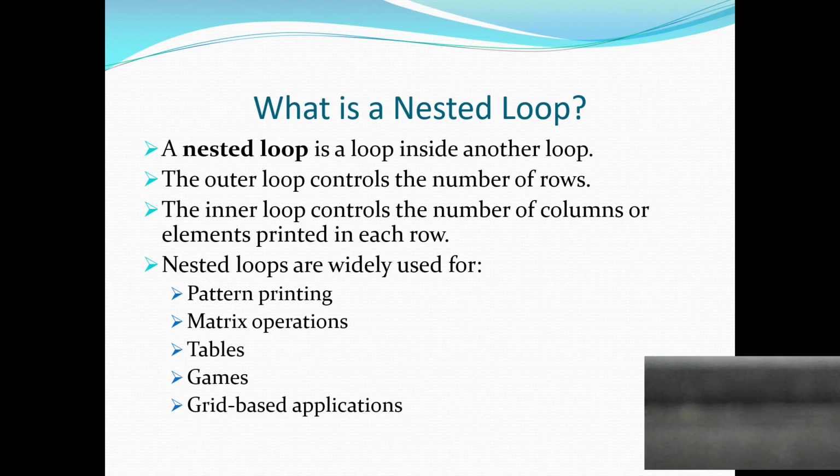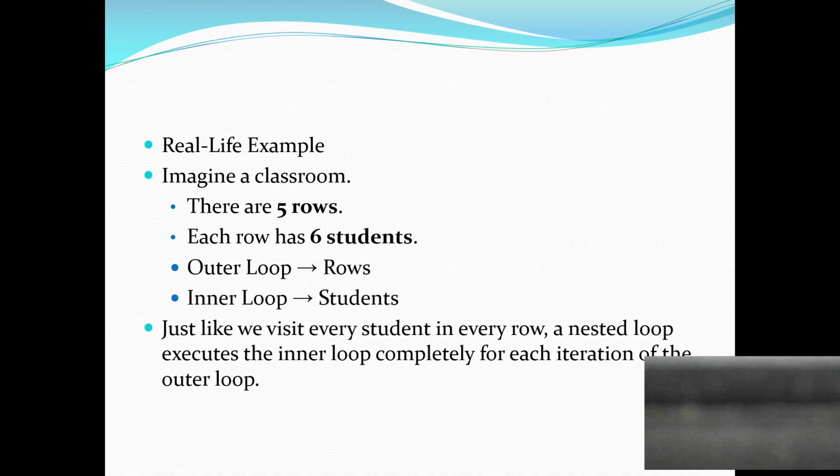Nested loops help programmers process every cell in the grid. And the fifth one is grid-based applications. Even image processing works with pixels arranged in rows and columns. Programs often use nested loops to visit every pixel one by one. So although we are starting with star patterns, nested loops are used in many real-world applications.